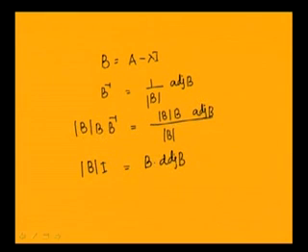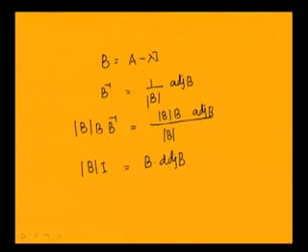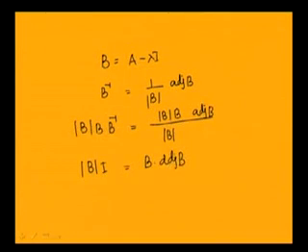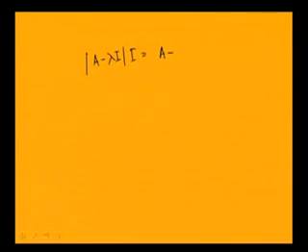Already you know we have written B equal to A minus lambda I. So, determinant of A minus lambda I into I equals A minus lambda I into adjoint of A minus lambda I. But you know that for lambda to be the eigenvalue, the determinant of A minus lambda I equal to 0.